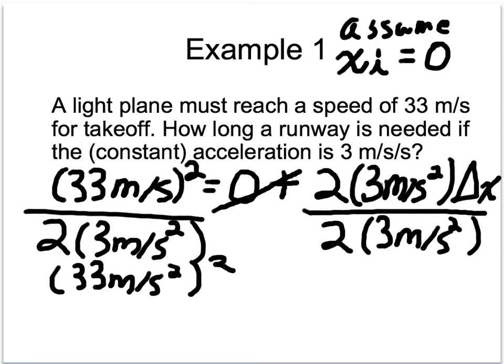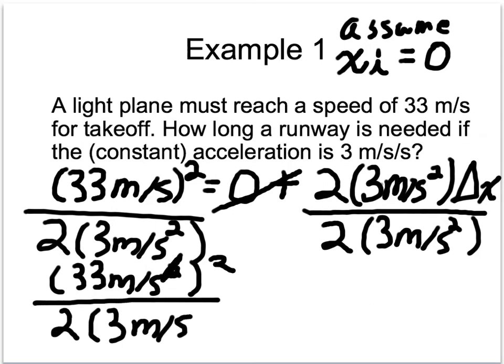All squared. Oh wait, nope, that 33 meters is not per second squared, it's just 33 meters per second, my bad. So 33 meters per second, all squared, divided by 2 times 3 meters per second squared, equals delta x.